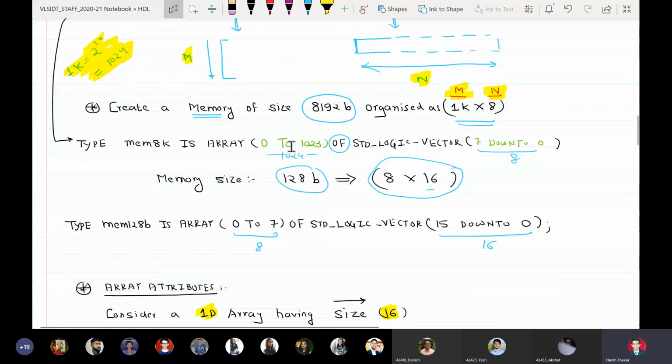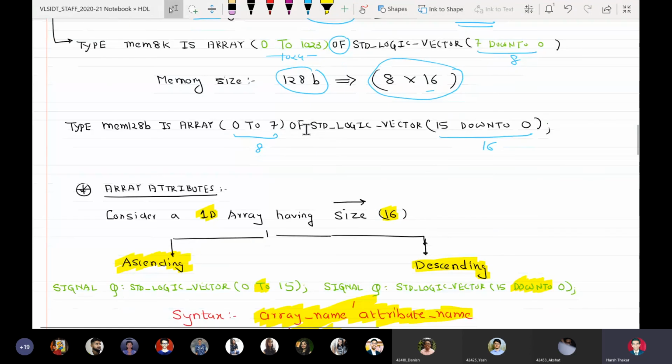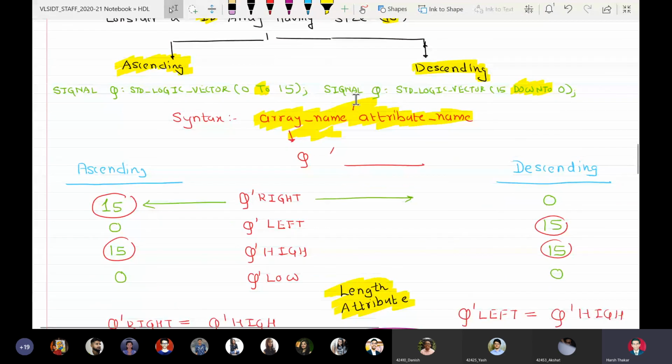And we gave examples of 8192 bit organized as 1k by 8, and also 128 bit memory organized as 8 by 16. And then we discussed the array attributes for both ascending and descending array. Ascending array is the one in which the spread or the size is specified as lower numeral to higher numeral, and descending is always defined as higher numeral down to lower numeral.